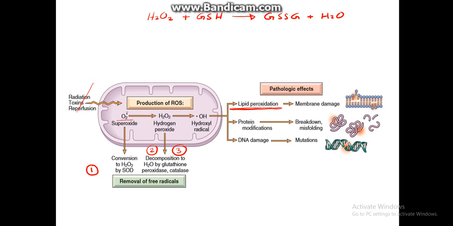And of course, protein modifications can occur, and they can fragment protein strands, or break down or misfold proteins. And of course, DNA damage, because especially with thymine, it could cause a single strand break within that DNA, and it could cause mutations.